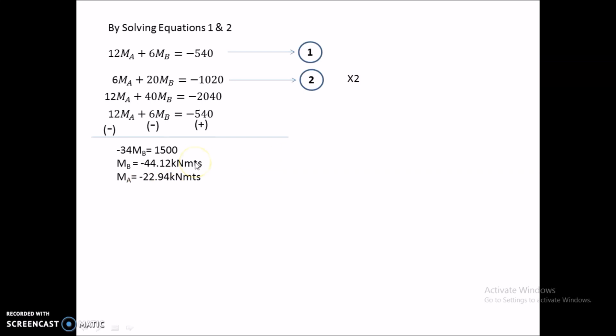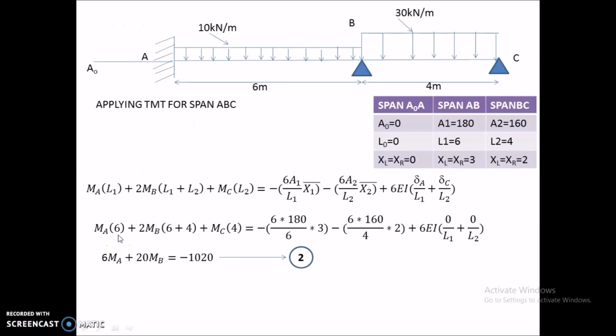So finally, by applying three moment equations to two spans, by assuming an extra span A0A and applying one three moment equation to A0AB and a second to A, B and C, we will get these values: MA as minus 22.94 kilonewton meters, MB as minus 44.12 kilonewton meters and MC as 0 kilonewton meters. Here MC is always 0. We have to consider MC as 0 since it is a simply supported end. So this will be 0.